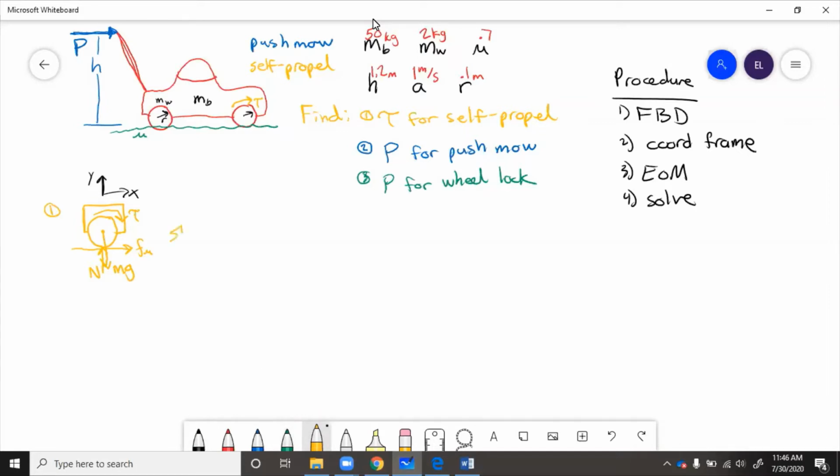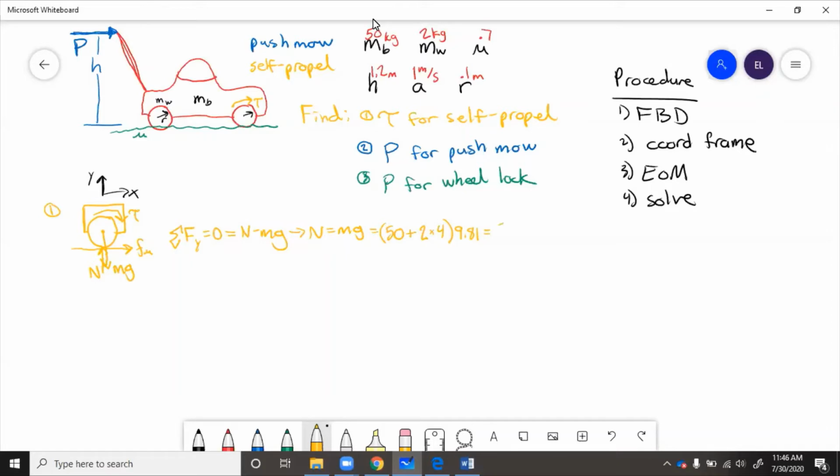Sum of the forces in the Y direction equals 0, which equals N minus mg. So N equals mg, and m is the total mass, so that's 50 from the mass of the body plus the mass of the wheels, which is 2 times 4, because there are 4 wheels, and then times 9.81.